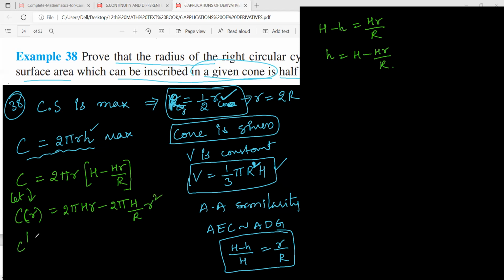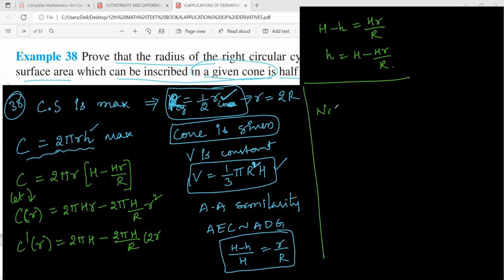So now what is C dash of r? Differentiation of 2 pi h r is 2 pi h, minus 2 pi h by R, the differentiation of r square is 2r.